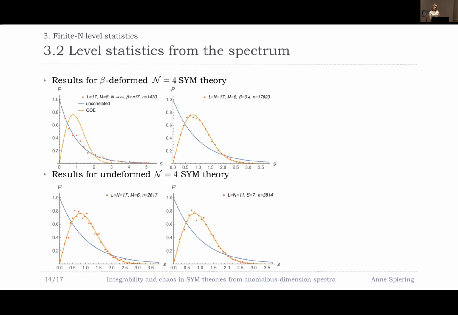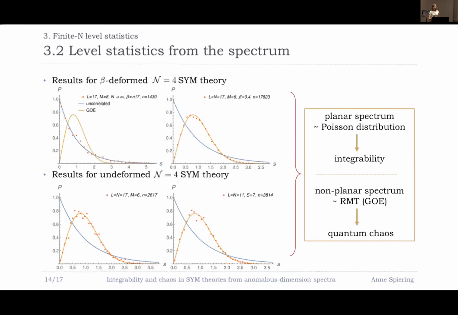And then we didn't only look at SU2, but we also looked at the SL2 sector, so the sector spanned by one scalar and one covariant derivative. And similarly, we find that the spectrum can be described by this Gaussian orthogonal ensemble. And so from the statistical analysis of the spectrum, we can actually really see the integrability.